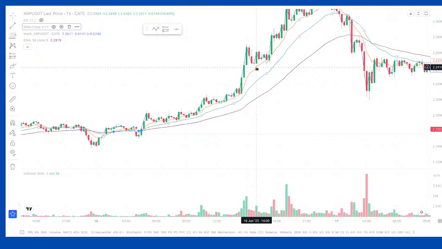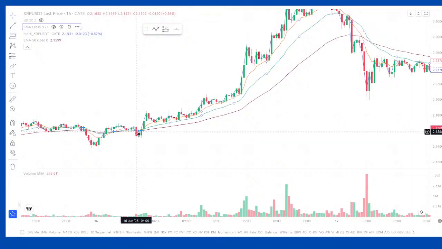Remember, I trade XRP because it is one of the coins recommended by the crypto president, that is Trump. He recommended some of the coins that they will be supporting while he ventures into the seat. So for this case, we are talking about XRP, and I am talking about at which moment we buy.